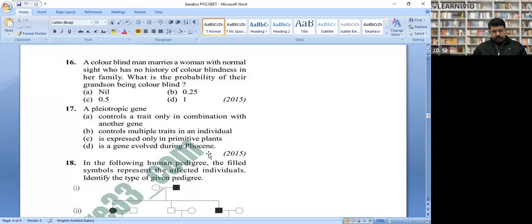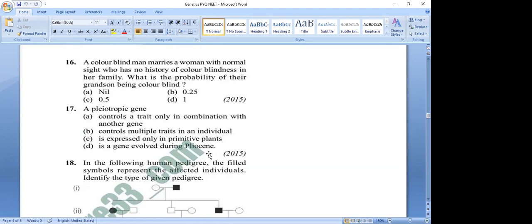How does it come to 0.25? Tell me. Like here, the daughter will be a carrier and the son will be normal.